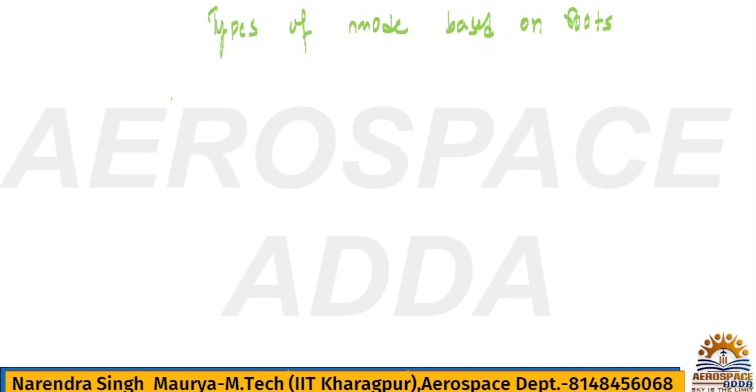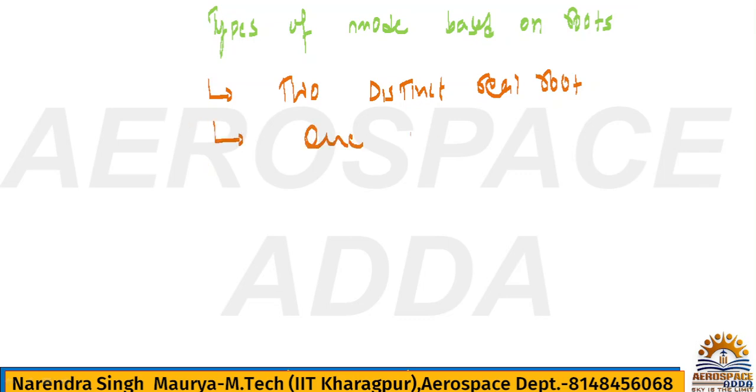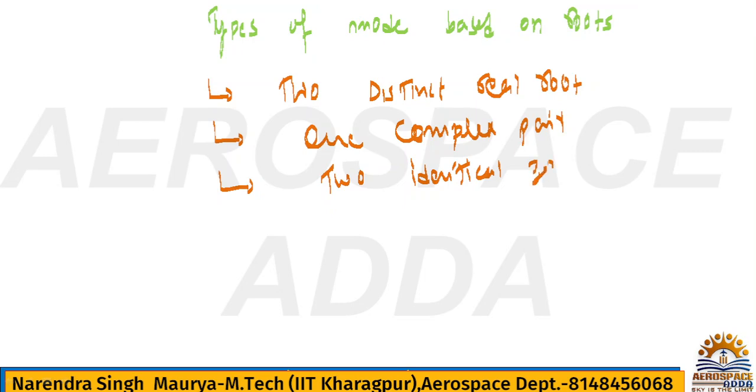The eigenvalues corresponding to the lateral motion of a typical airplane contain two distinct real roots, one complex pair, and two identical zero roots.